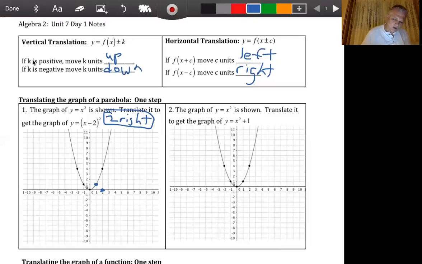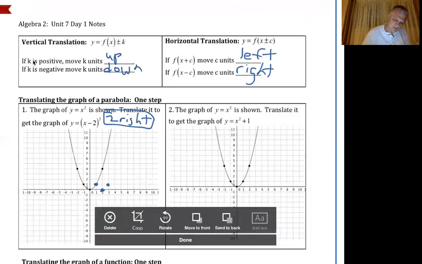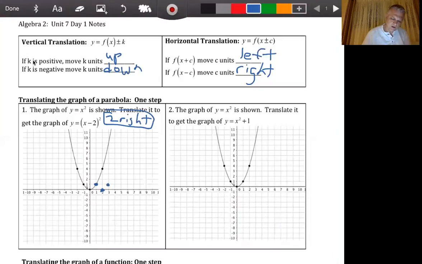Then we take 1, 1, move it 2 units to the right, and it goes to 3, 1. We take negative 2, 4, move it 2 units to the right, and we get to 0, 4.